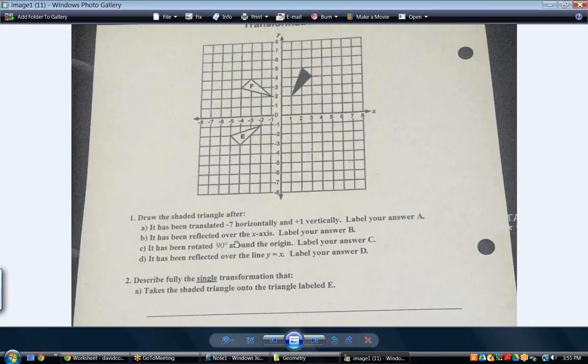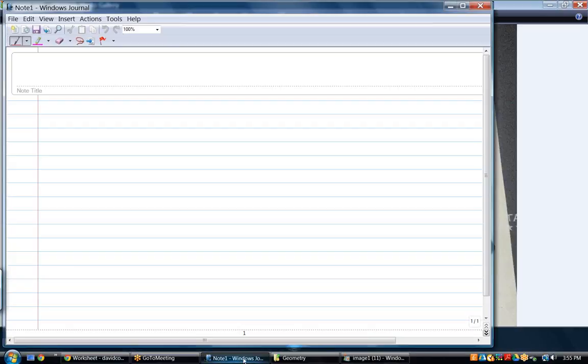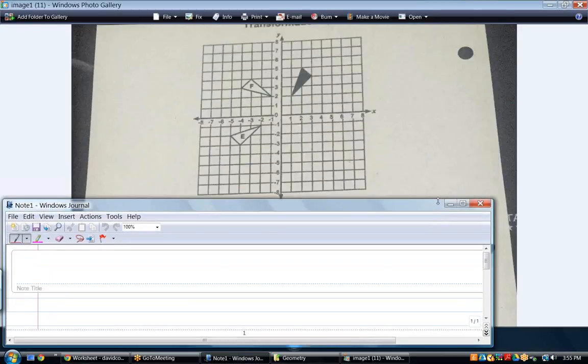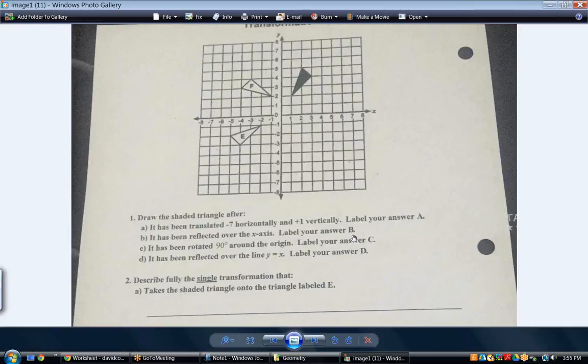It has been reflected over the x-axis. How would I do that? You take each point and make the y negative. Okay. It has been rotated 90 degrees around the origin.